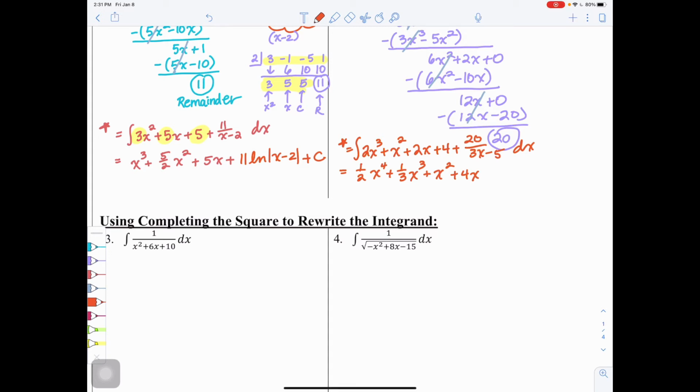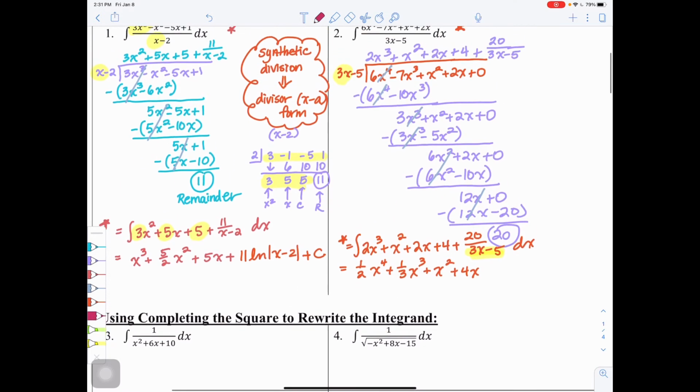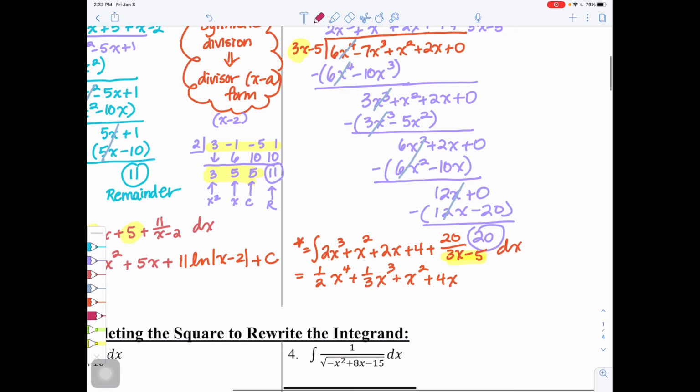And now we need to talk just a little bit about this integration. When we have 3x minus 5 in the denominator here, we are going to have to use u substitution. What I would do at this point is go somewhere else on my paper and just integrate 20 over 3x minus 5 dx.